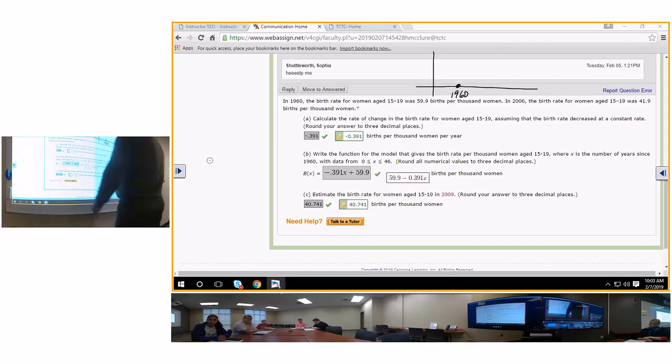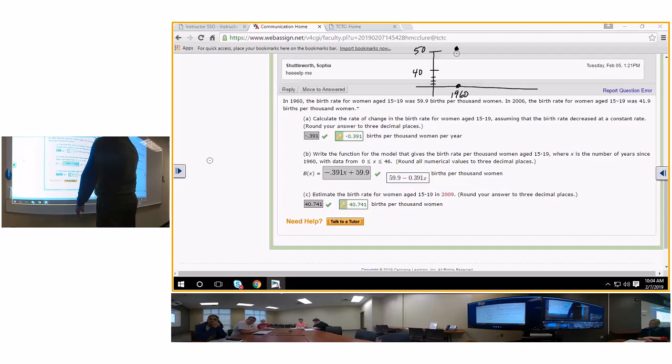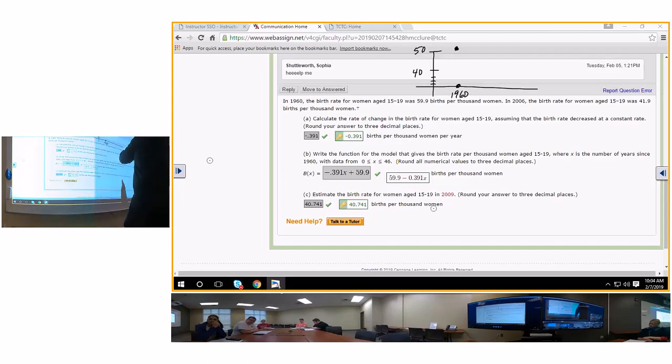At 1960, it was 59.9, and let's say this is 40, and this is 50, and this is 10, 15, 20, whatever. Right up here. And then at 2006, it was what?